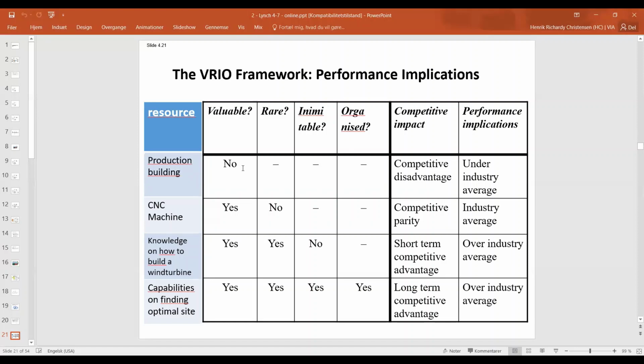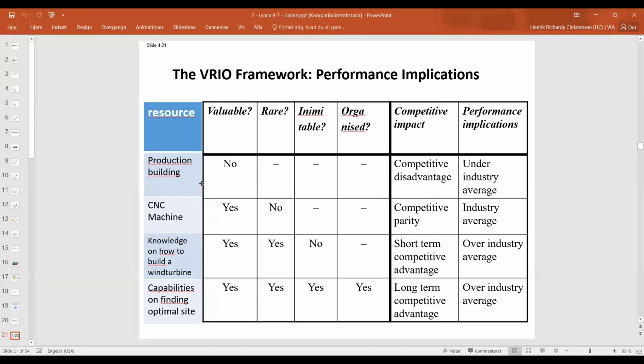Then they also apply, and are those plants rare? No. Are they inimitable? No. Are they organized? Well, maybe they are. We don't really know. But if we're not having valuable resources, or they're rare, or if they're easy to imitate, then it doesn't really go as a resource that will give us a competitive advantage. So that means the production buildings evaluated by asking these questions to this specific resource indicate that it's not something that helps us create competitive advantage.